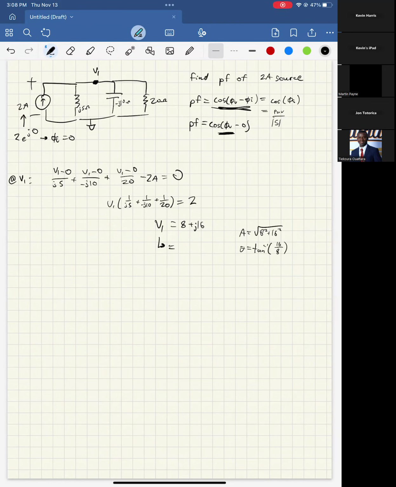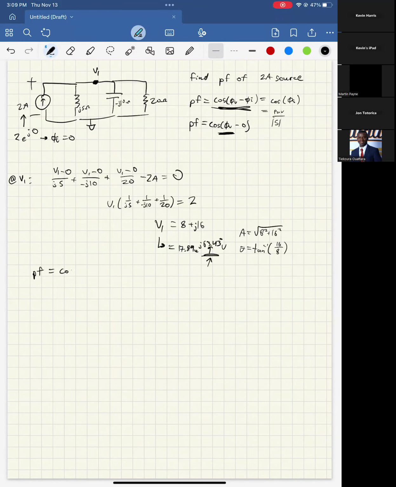If we do that, we end up getting 17.89 e to the j63.43 volts. Now, remember, we were trying to find the power factor originally. So now we've found the voltage across the current source, and we already have the phase of the current. Now we just need the phase of the voltage. The phase of the voltage, of course, is just that. We found it. It's that number.